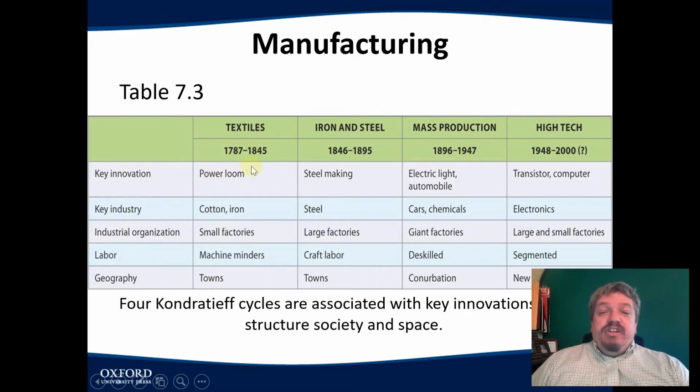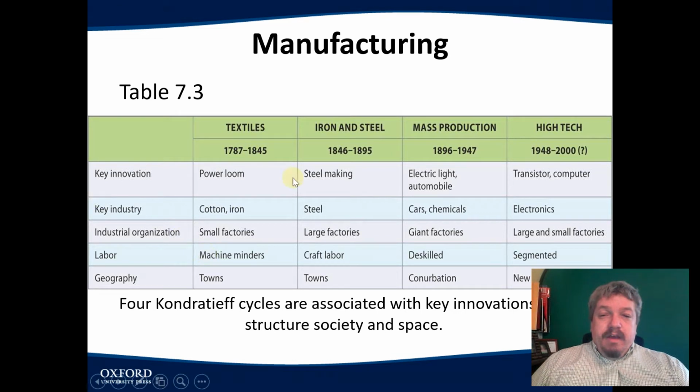And the key innovation was the power loom, the machine that took the place of the home weaver. So the key industry in this time was the cotton industry to provide the material for textiles, but also iron to make the machinery. And this was kind of focused on towns. Towns became very important as opposed to villages and the countryside.